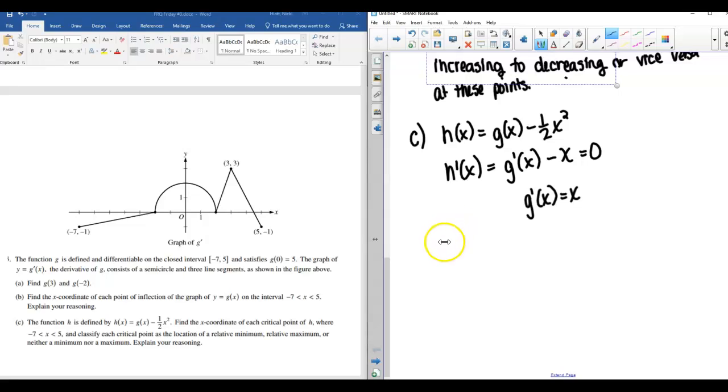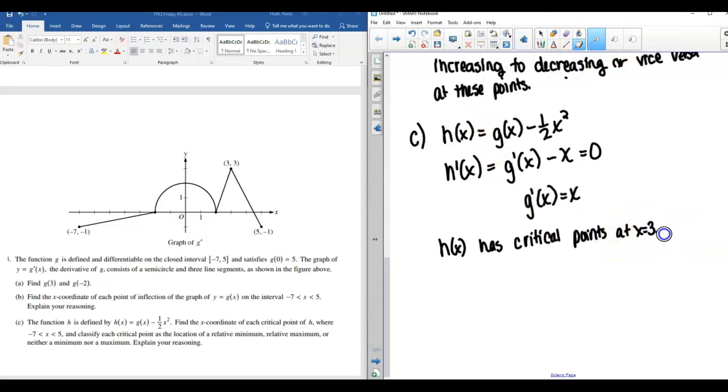So we could say h of x has critical points at x equals 3, and there's going to be another one.